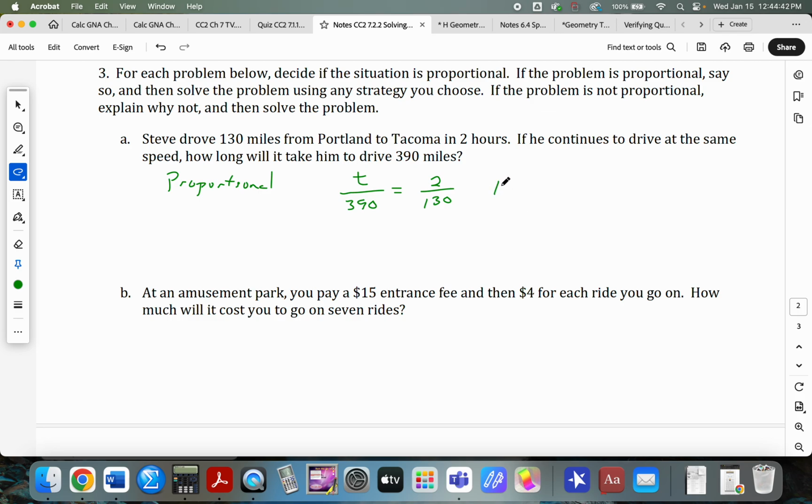So let's see, if I cross, I can reduce that. That's 1 over 65, so he's going 65 miles an hour. So 65t is going to be equal to 390.